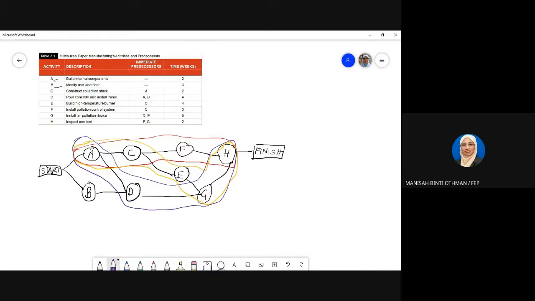And then the next one is B, D, G, H. Is there any path still available? No, this is complete. We have four paths here.